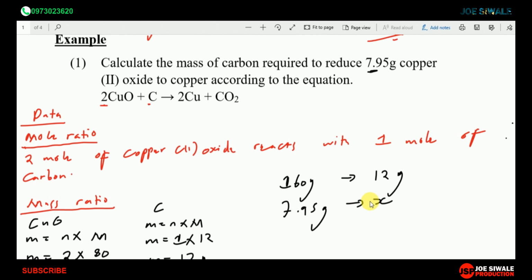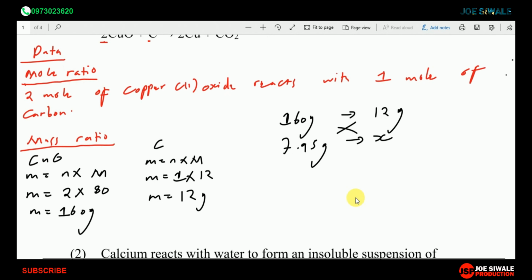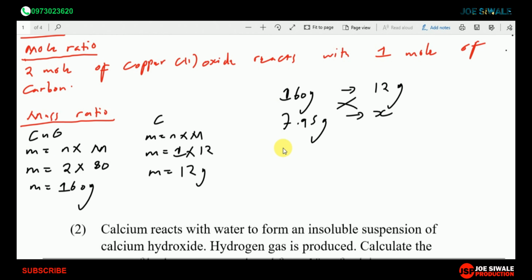So we're going to cross multiply there. We're going to have 160 X is equal to 12 multiplied by 7.95. So divide by 160, divide by 160.